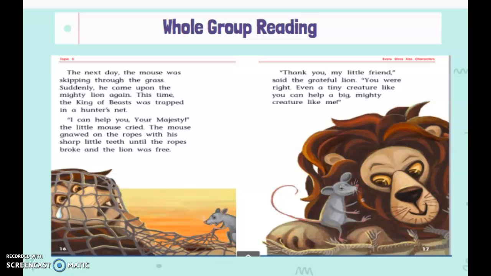This time, the king of the beasts was trapped in a hunter's net. "I can help you, your majesty," the little mouse cried. The mouse gnawed at the rope with his sharp little teeth until the ropes broke and the lion was free. "Thank you, my little friend," said the grateful lion. "You were right. Even a tiny creature like you can help a big, mighty creature like me."